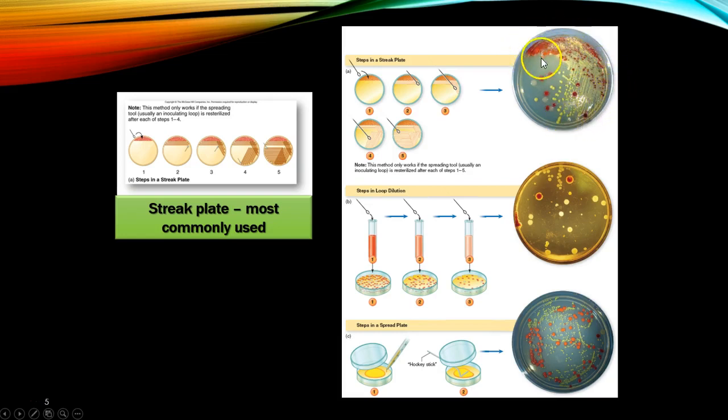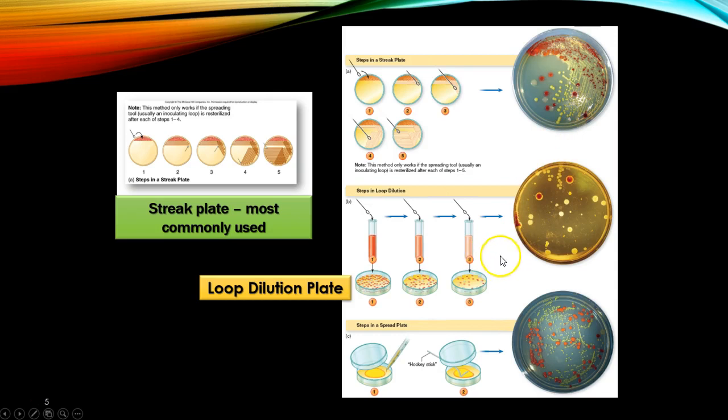But as you get towards, this was the first streak, this is the second streak, and this right here is the third one. And you can see that we've got actually 3 different kinds of colonies that we can see easily. We got the yellow one, we got the red one, and we got this creamy off-white colored one. And so that's the standard technique that we use.